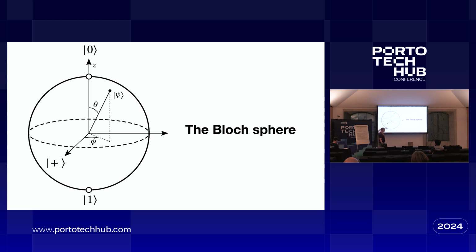So our states 0 and 1, or spin up, spin down, are the north and south pole of our sphere. Our states left and right, or plus and minus, are these states pointing out and into the page. And then there's 2 more states, which are the eigenvectors of the Y matrix, the one with the i's in it, which nobody can ever remember which gets the negative sign, right?